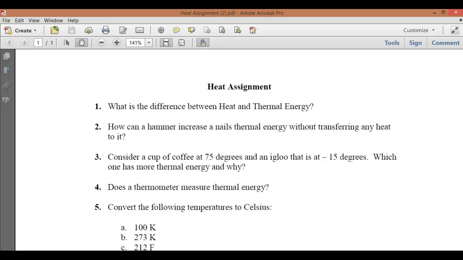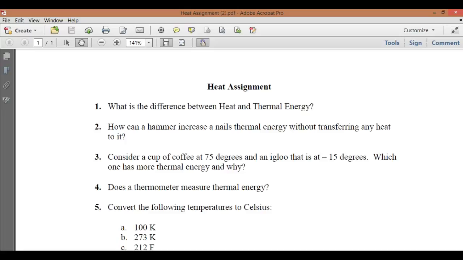Two days ago, we compared the thermal energy in a coffee cup versus an iceberg. You said that the iceberg had more thermal energy.